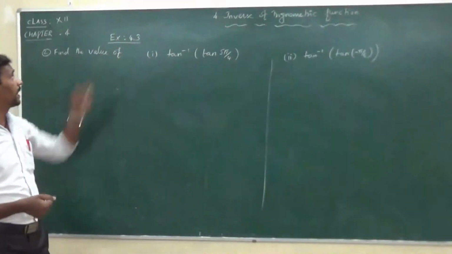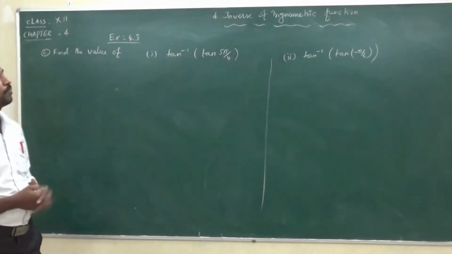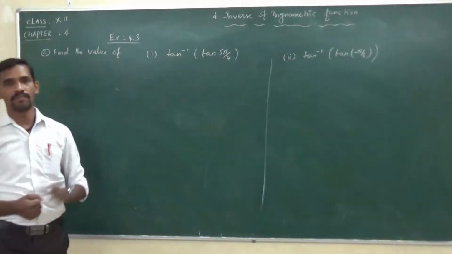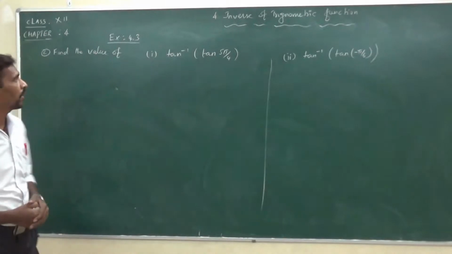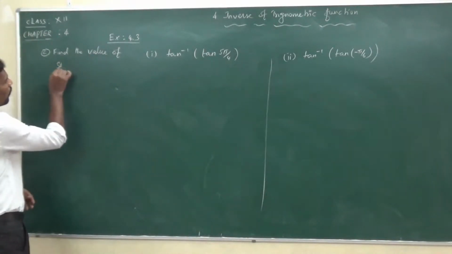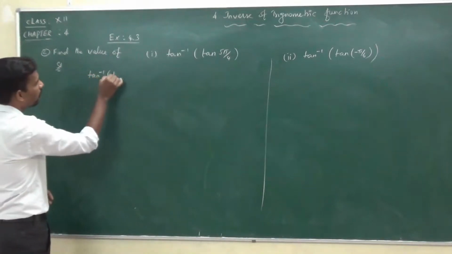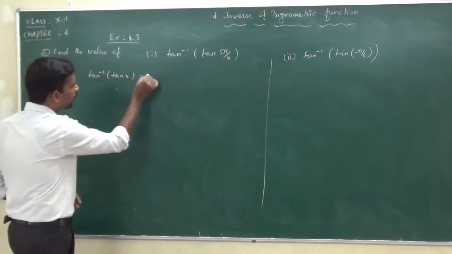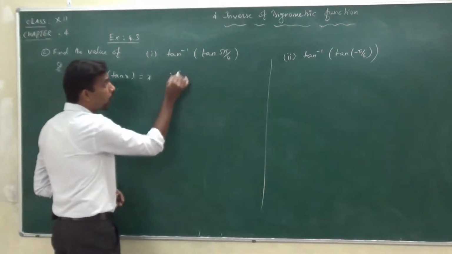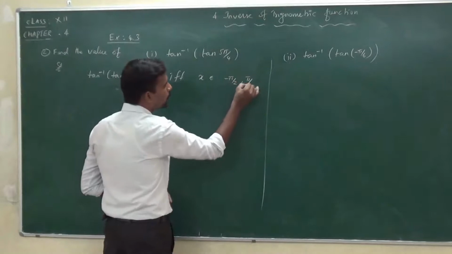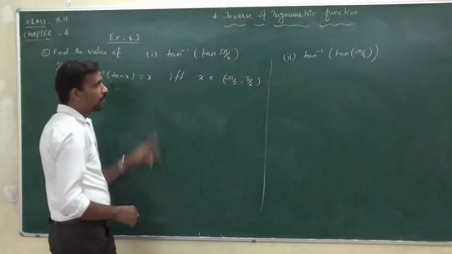As well, this is exercise 4.3, question number 2. Find the value of tan inverse of tan of 5 pi by 4. We have one result: tan inverse of tan x is nothing but x if and only if x belongs to the interval of minus pi by 2 to plus pi by 2.